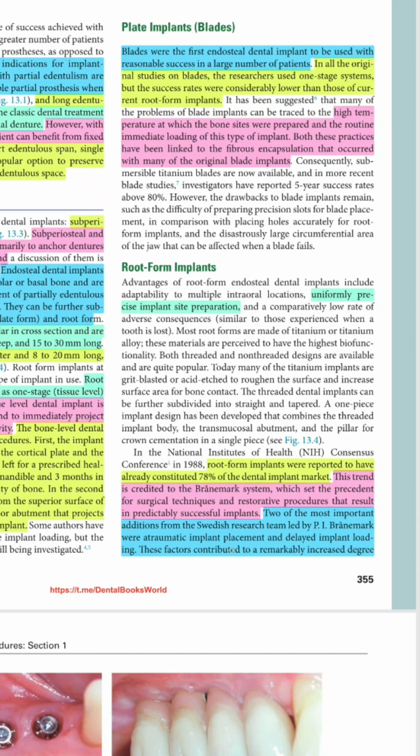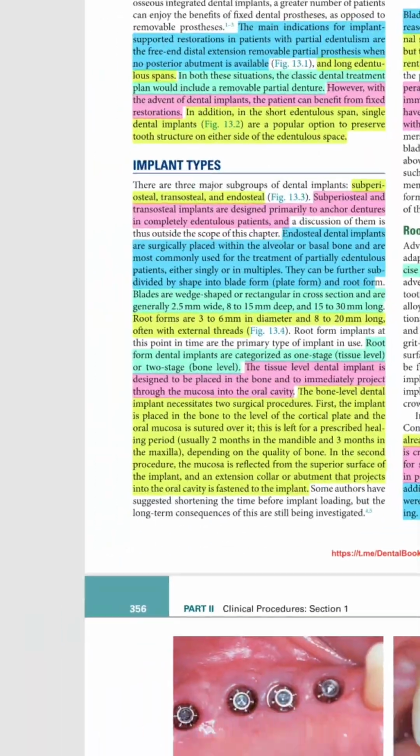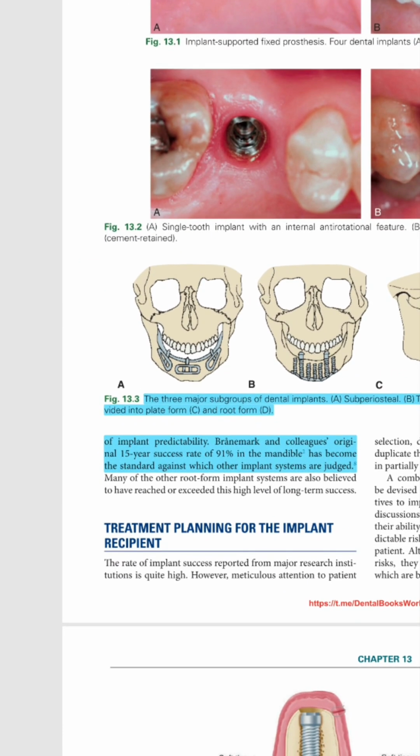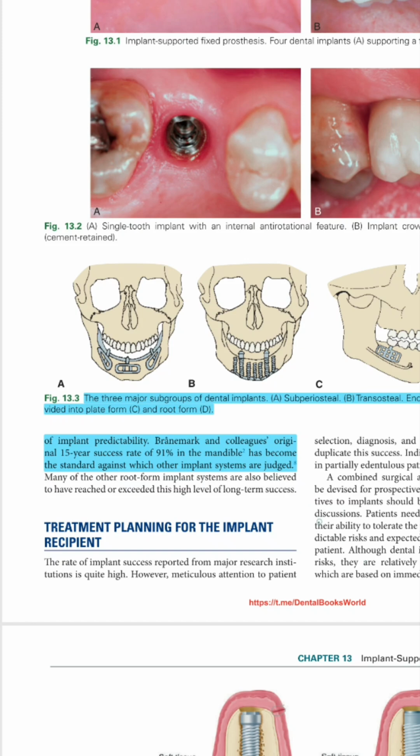This protocol was introduced by the Brånemark system. He is a Swedish researcher who suggested the delayed implant loading and the protocol of the restorative procedures that increased the success rate of the root implants from 78% to 91% in the mandible.